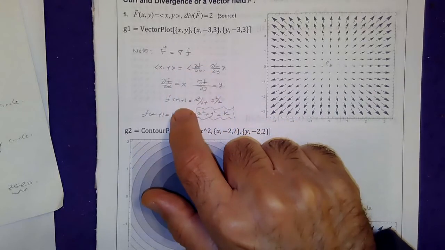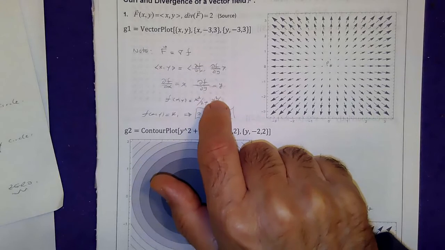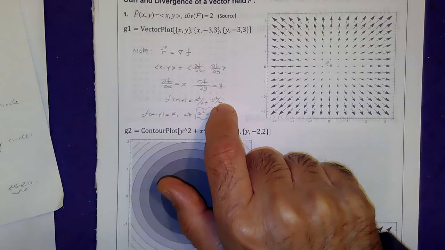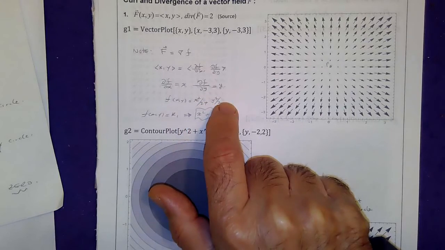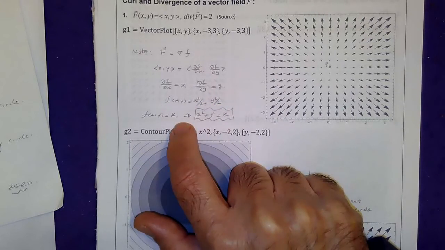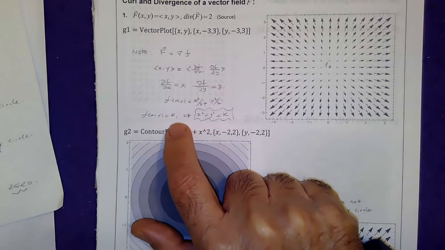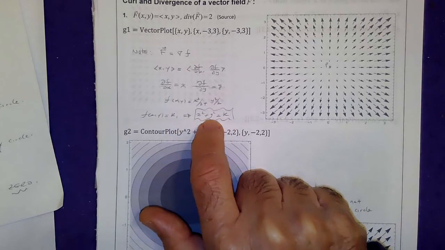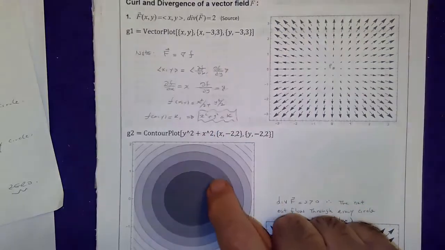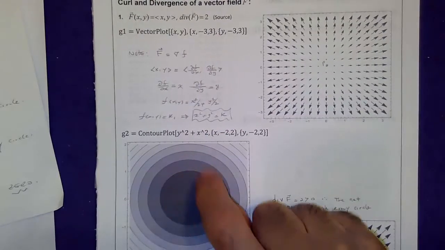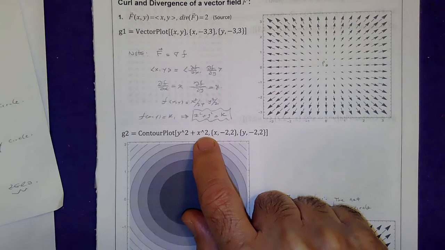If you find the potential function, you get x squared over 2 plus y squared over 2. But if you draw the level curves by setting this equal to k, then multiply both sides by 2, you get y squared plus x squared equals k. So that would be a bunch of concentric circles. That's where I got the circles from.